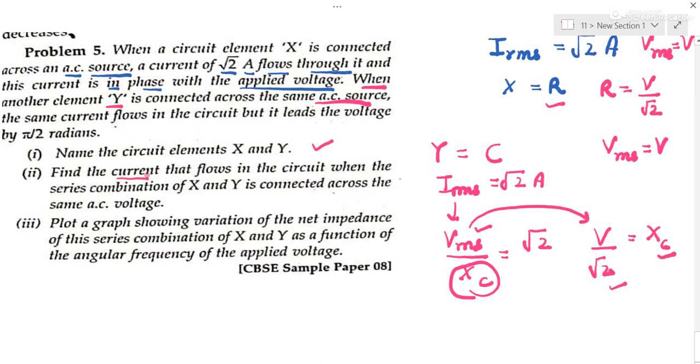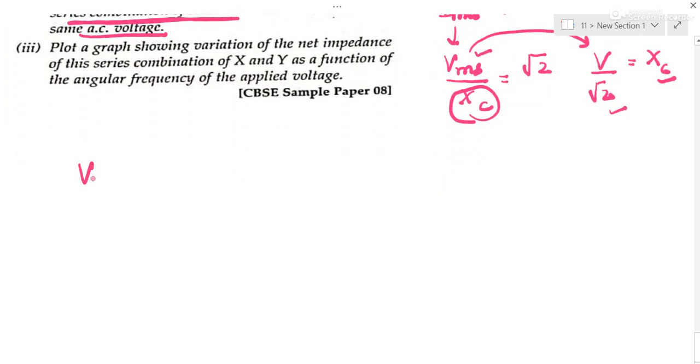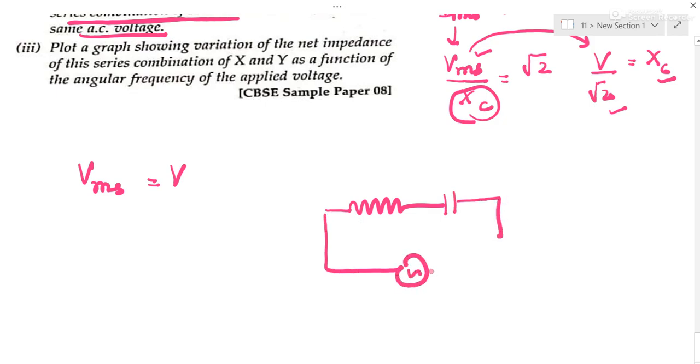Now find the current that flows through the circuit when the series combination of X and Y is used across the same AC voltage. The voltage is the same, but this time element X, a resistor, and element Y, a capacitor, are both connected to the same AC source. So this time the opposition would be root of R square plus XC square.